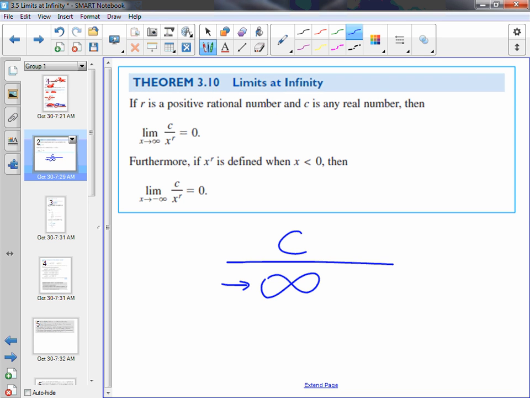Like if you had a constant of 1 over 10, okay, so you get a 10th. x gets bigger. Now it's 100.